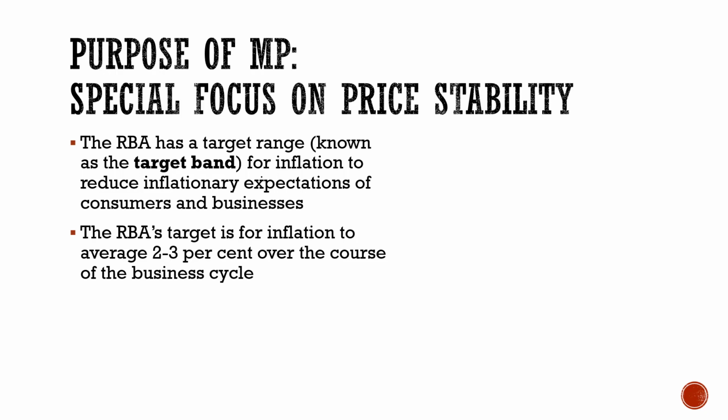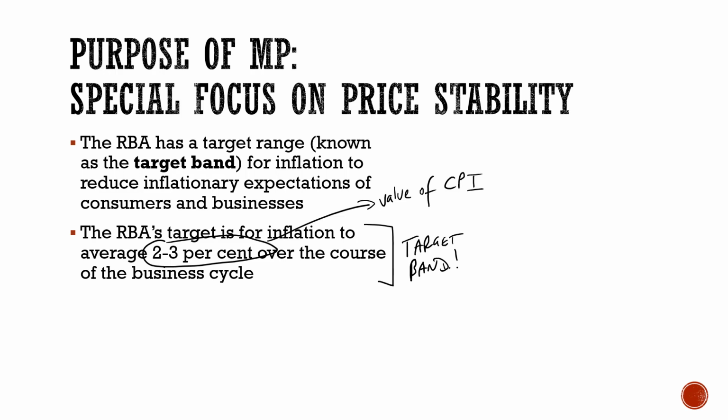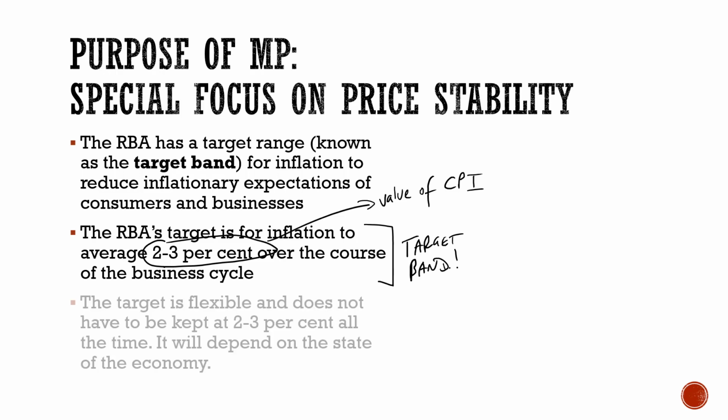So this 2 to 3% is the value of the CPI, and this 2 to 3% as well is the RBA's target band, the RBA's goal for inflation. Just know that the target is flexible.